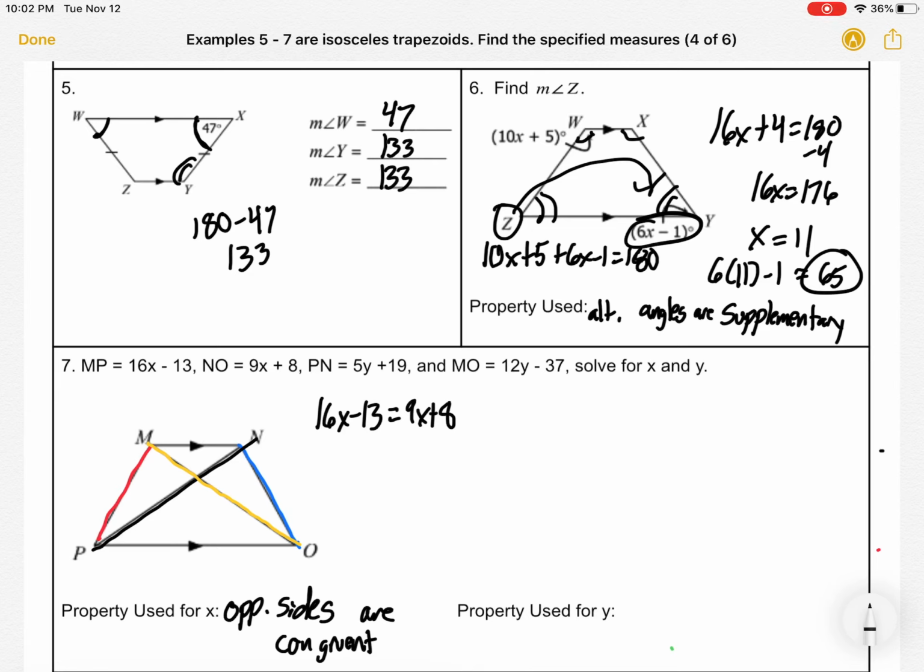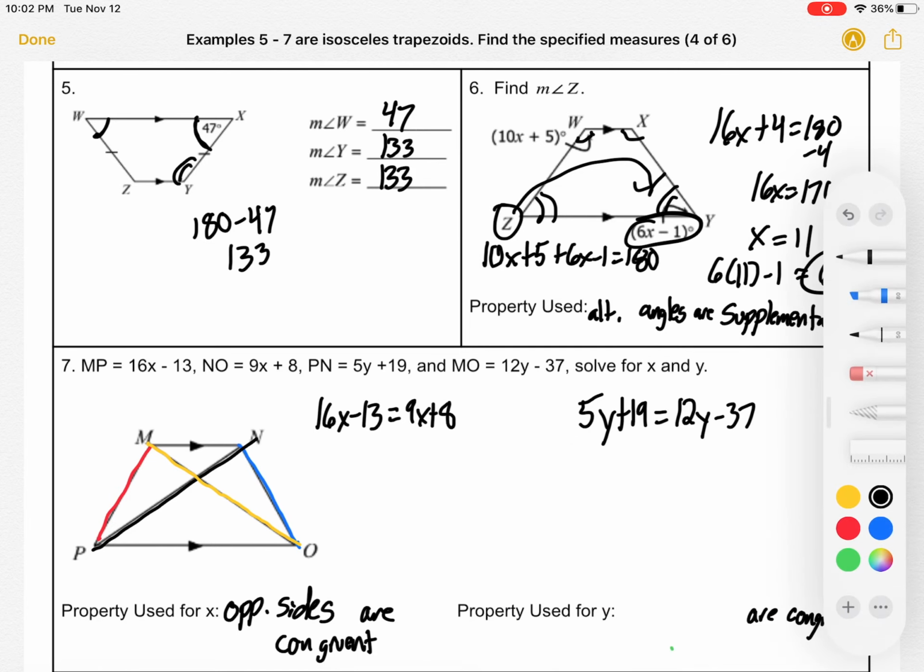Okay, now for the other one, PN, hopefully you know that PN is also the same as MO. So you set them equal to each other. So again, you need to say something are congruent. Whoops. Get that out of the way.